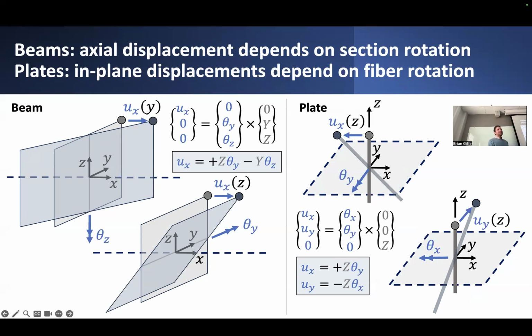All right, so what happens to this cross-section after deformation? If we assume that the cross-section remains planar, then it basically says that this cross-section has to just rigidly rotate about either of these two out-of-plane or transverse axes. So this cross-section, originally aligned with the y and z in-plane dimensions, I can rotate about the z-axis, I can rotate about the y-axis, and it'll give me different orientations of this deformed cross-section.